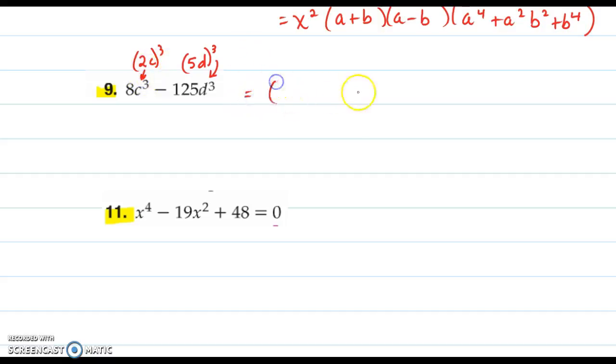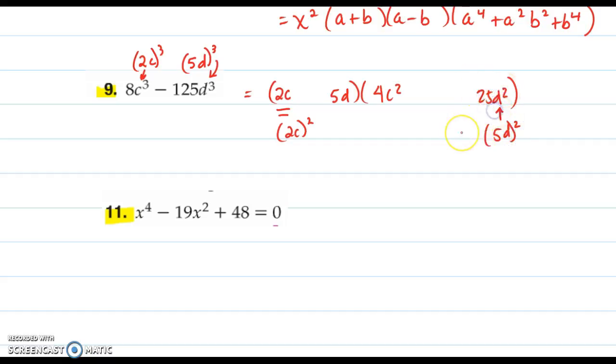So I do my small set of parentheses and my big set of parentheses, and I put my roots in, 2c and 5d. And now remember, I square this. So if I have 2c squared, that's what I put first over here, and that's 4c squared. And then over here, I put 5d squared, which is 25d squared. And then in the middle, I multiply 2c and 5d, which is 10cd.